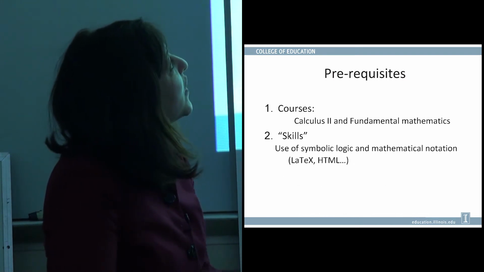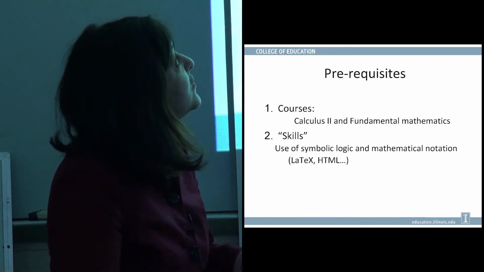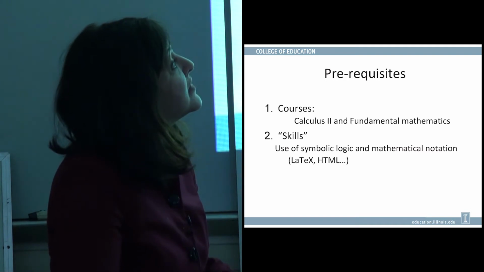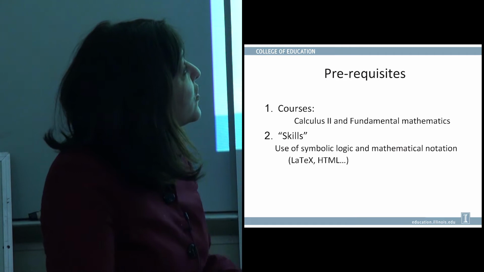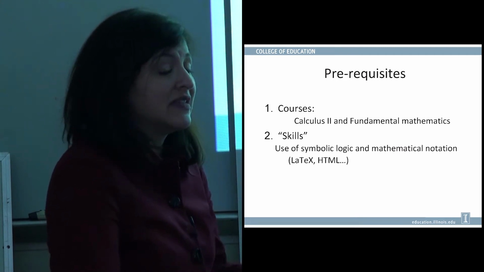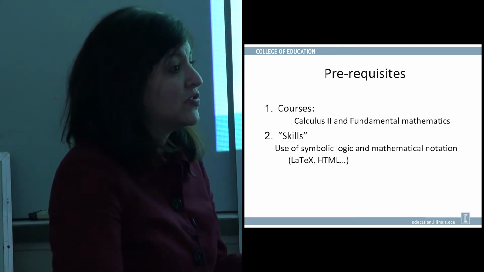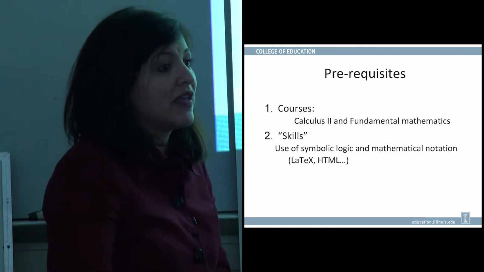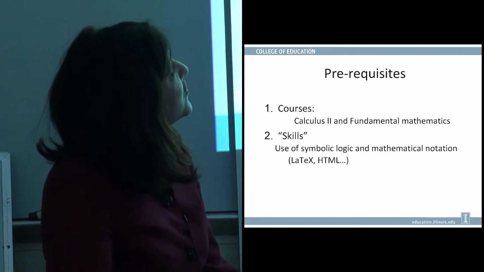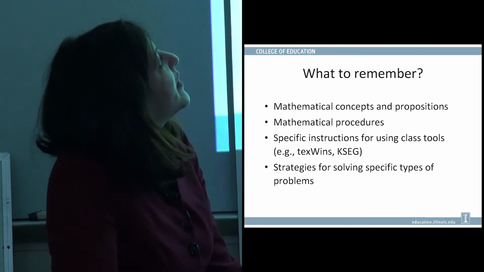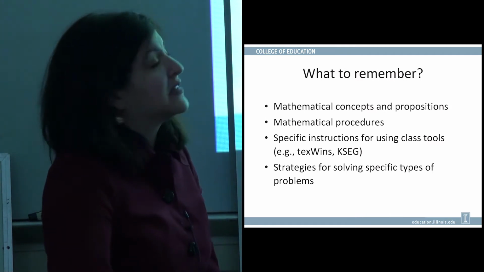These are some of the requirements, which include, and this is an important piece, some skills, some things that students should be able to master. This is important in terms of what I found, the support there is for students to remember things or make sense of things they need to do. So in terms of what there is to remember, there are mathematical concepts and propositions.